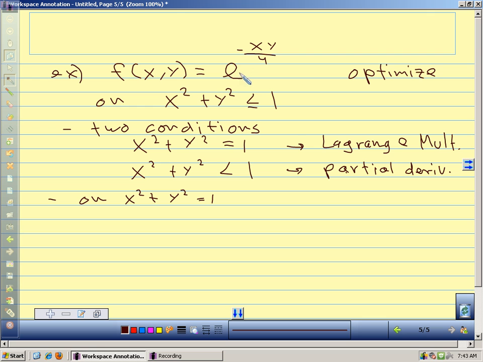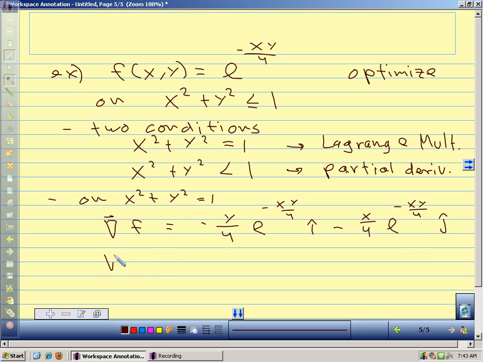So this is our objective function, and this function is our constraint, x squared plus y squared equals 1. So that's our constraint. So del f, I'm going to go through relatively quickly so we can get through this example. Del f is minus y over 4 e to the minus xy over 4 i minus x over 4 e to the minus xy over 4 j.